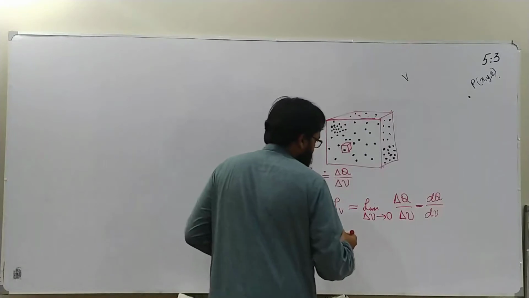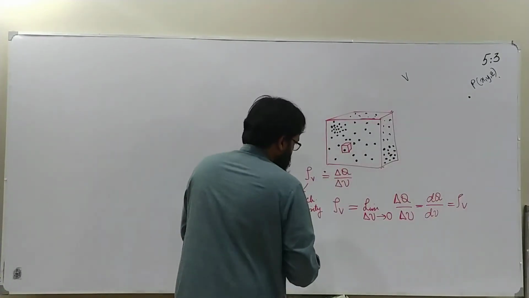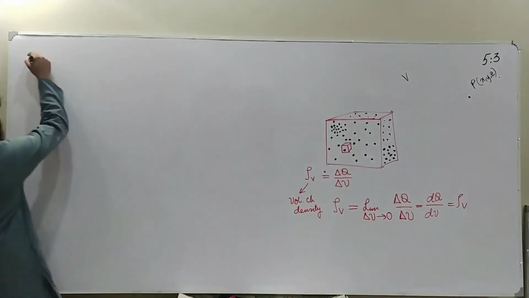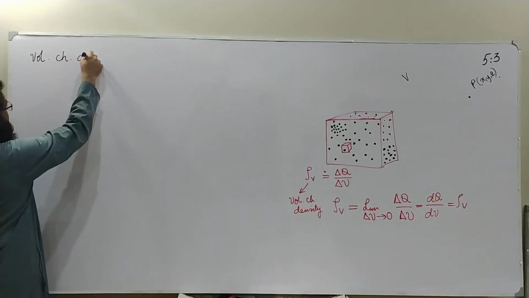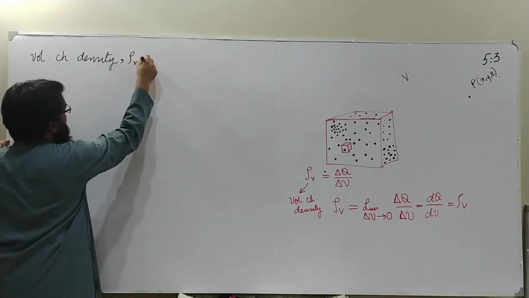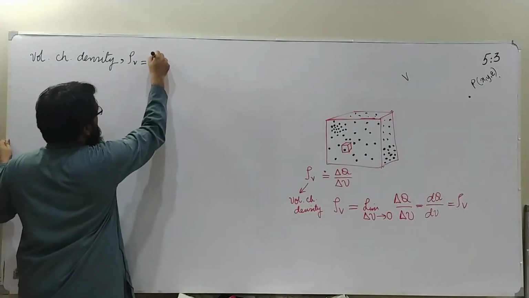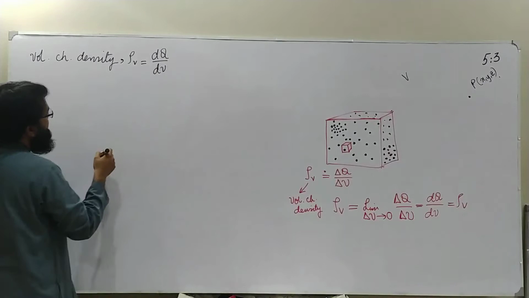So what we have now is equal to rho v. So volumetric charge density, or rho v, is nothing but a differential amount of charge enclosed in a differential amount of volume.